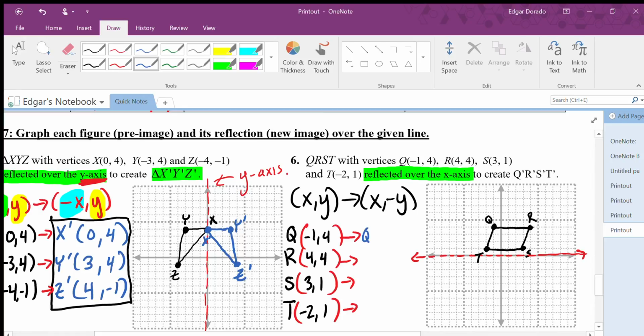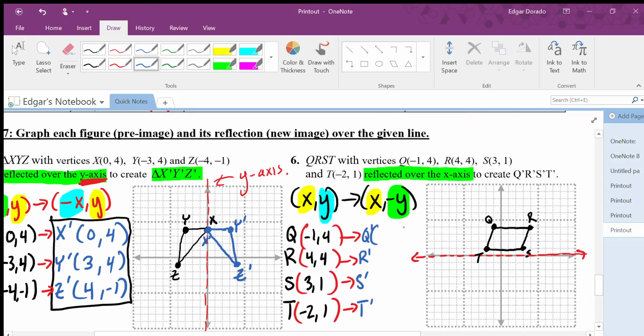So my new Q prime, R prime, S prime, and T prime have to follow this rule. X's have to stay exactly the same, but my y's are going to turn opposite. They're going to turn into a negative version of it, or if it's already negative, it's now going to turn into a positive.